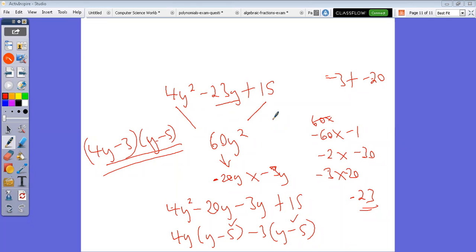It's exercise 25. Which book are you using? Okay, so mine is on page 96. Pages might be different. The second one is factorize x squared plus 7x plus 12.